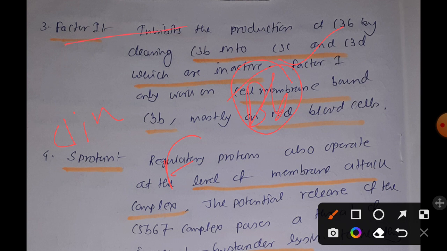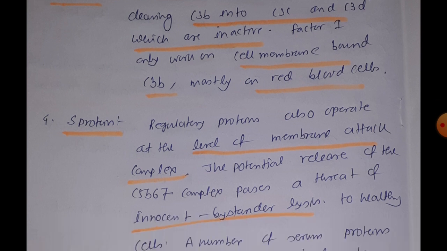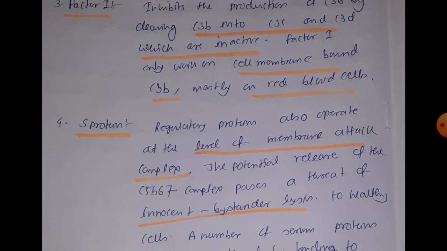Factor I is going to convert the cell membrane bound C3b into C3c and C3d, which are inactive, and as a result it cannot facilitate the formation of C5 convertase.